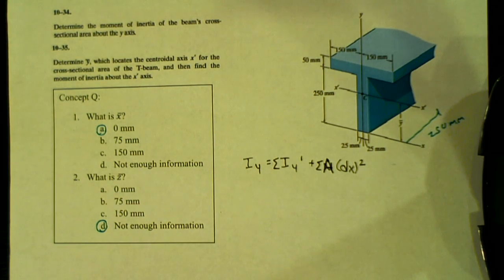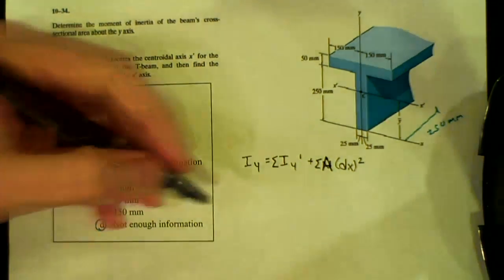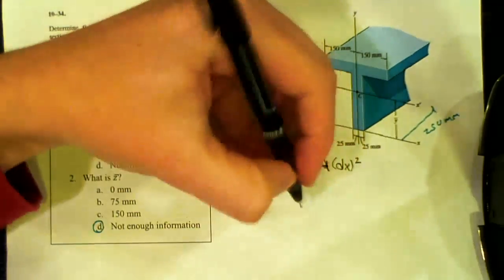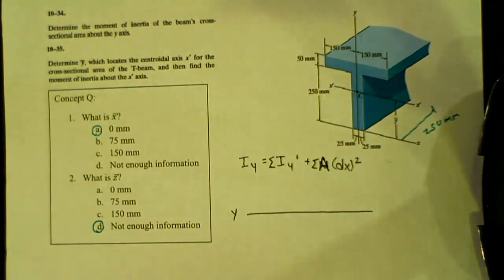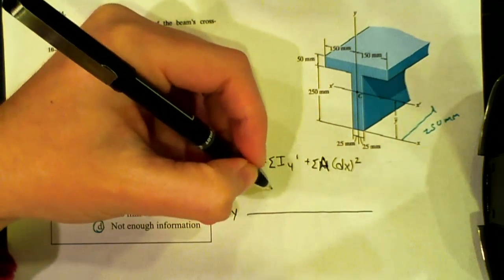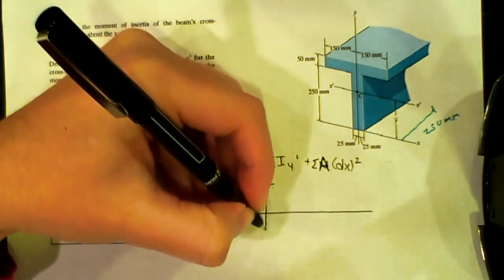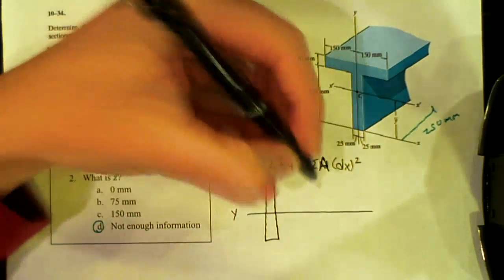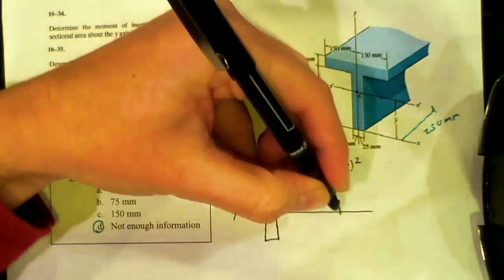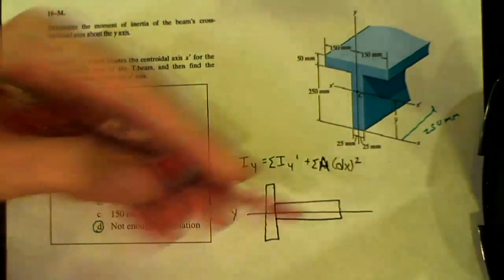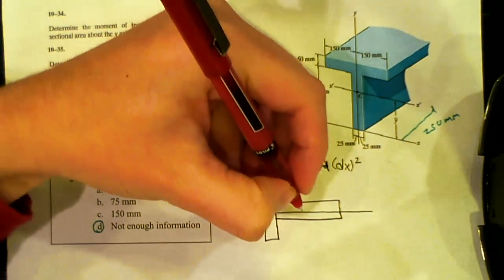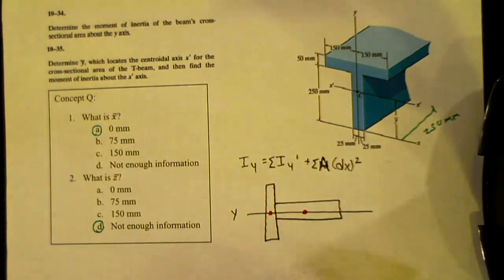So I'm going to redraw this in a way that I don't know if you guys have seen yet. If I draw my y-axis like this, I'm flipping this thing over because I want you to imagine it moving. I have this figure and this figure here. The centroid of this one is right there, and this one's right there.